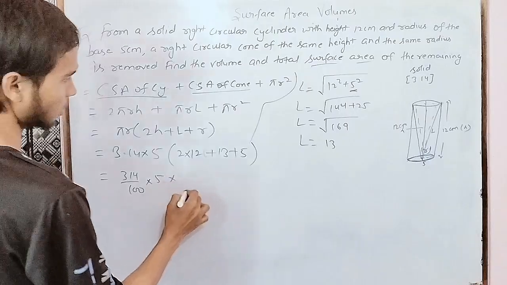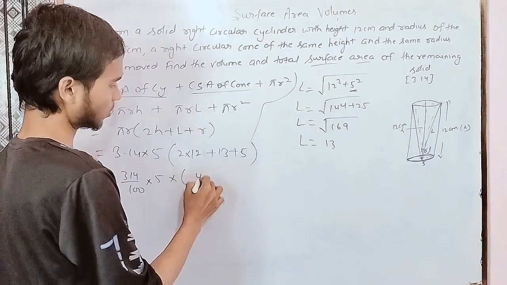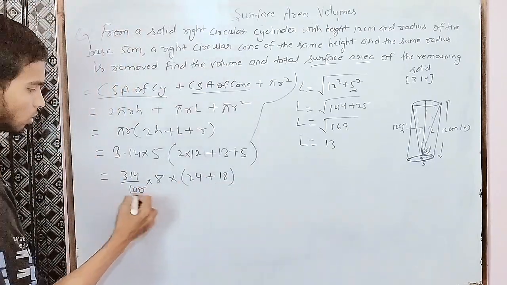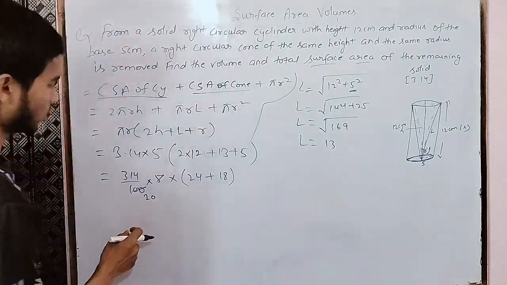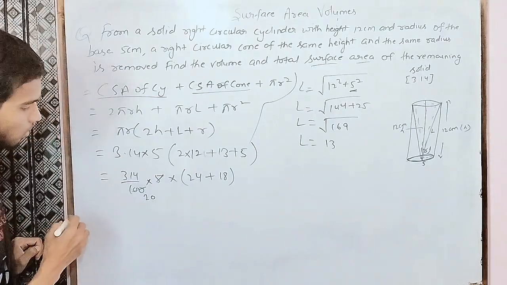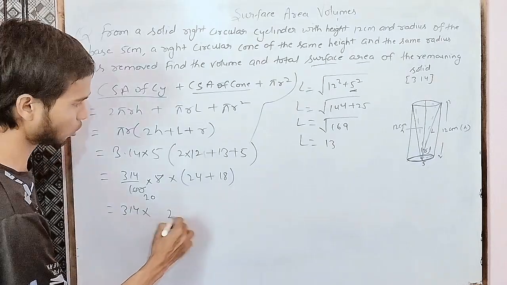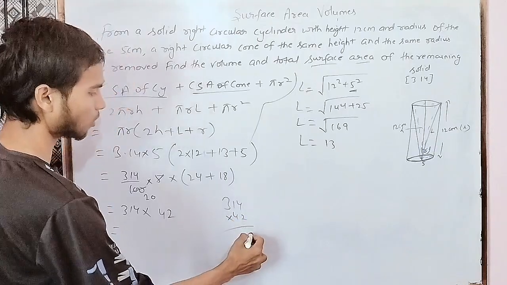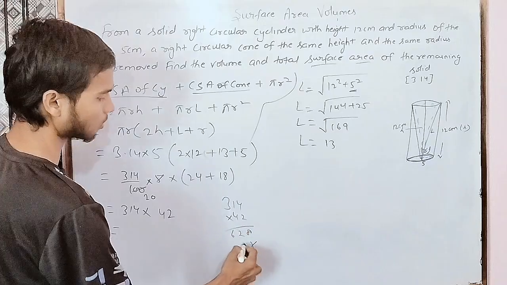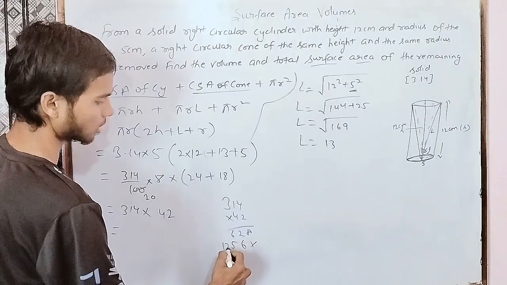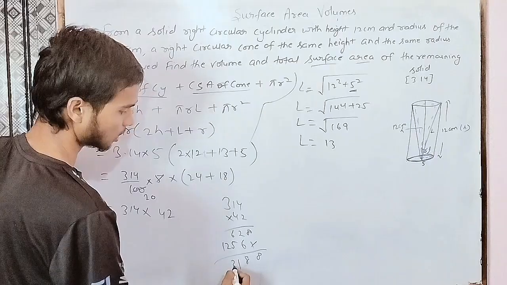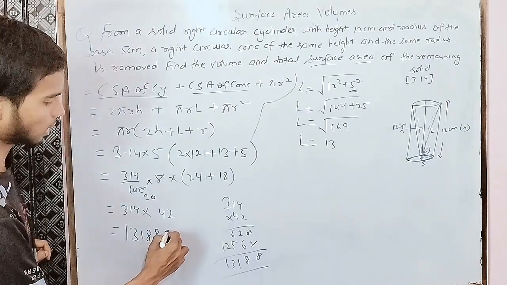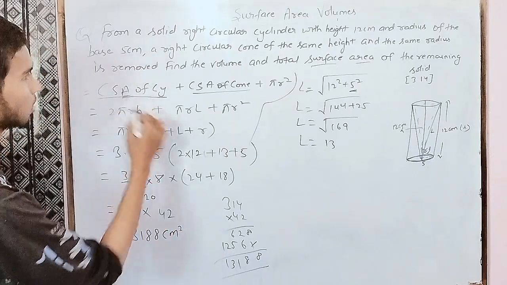3.14 multiplied by 5 multiplied by the bracket value, which is 37. Multiplying 314 by 42, we get 13,188 centimeter square. Here we are talking about area.